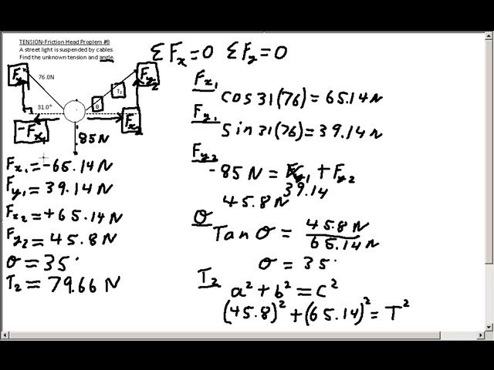The other thing to observe is, one, because the system is in a suspended state, the total F of x and the total F of y have to be equal to 0 since the total force is 0. So we have to divide the problem in two parts. The other thing to realize is you have to identify what are the forces acting on the system, and we nicely listed those out right here.